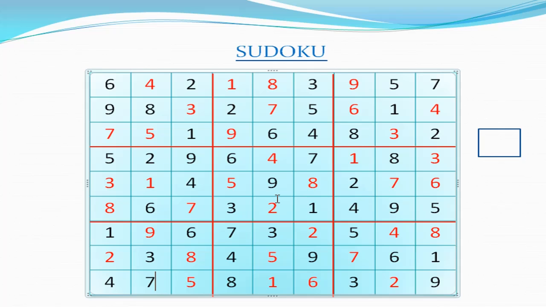Then you may go for a timer. You start the timer and start solving. It's fun to race with the time. And then slowly you may attempt medium difficult, expert level Sudokus, right? And you will be a Sudoku expert, I'm sure.